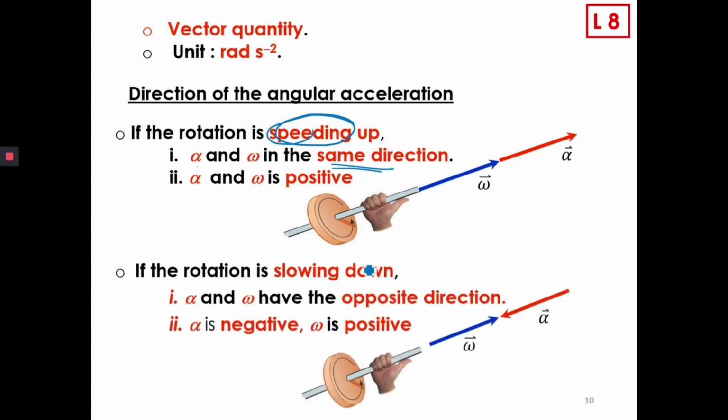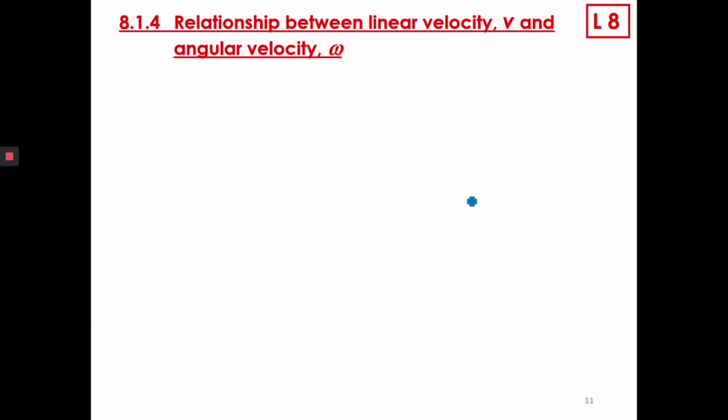If the rotation is slowing down, then your alpha and omega are in opposite directions. When it speeds up, alpha and omega are in the same direction.